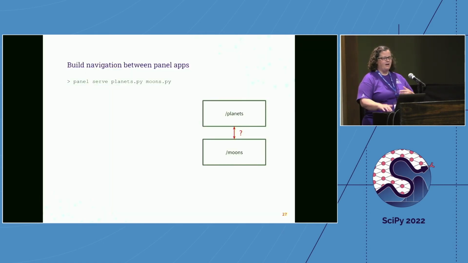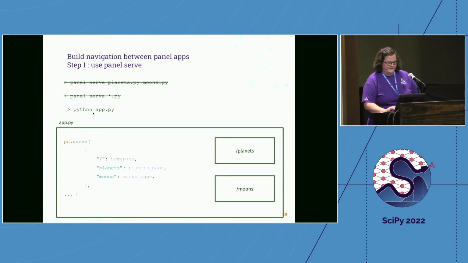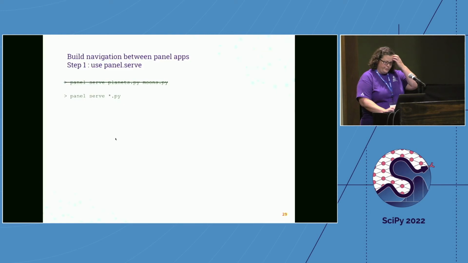But then how do I connect between the two if I am not sure how many moon pages, for example, I have? Let me quickly go through this.